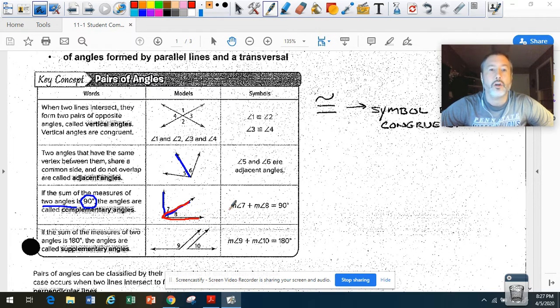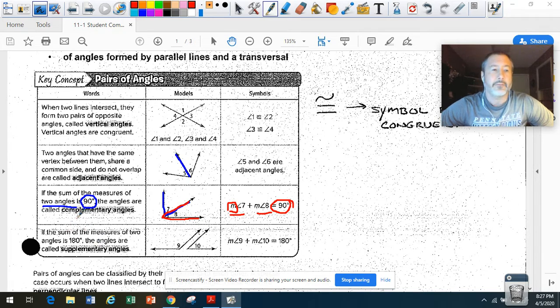When you add those two angles together, they should equal 90 degrees. People have asked, what does this M mean here? This M means the measurement. The measurement of angle 7 plus the measurement of angle 8 must equal 90 degrees.